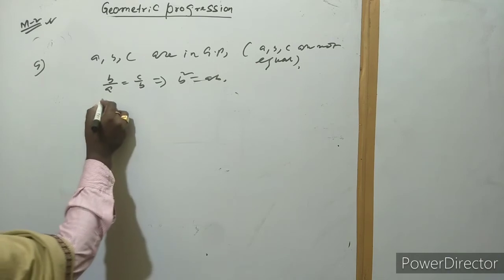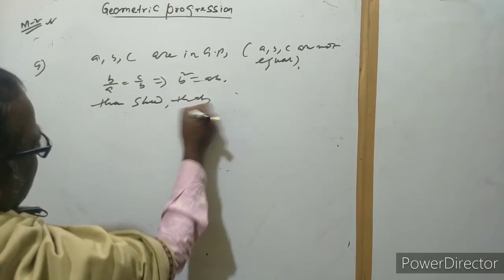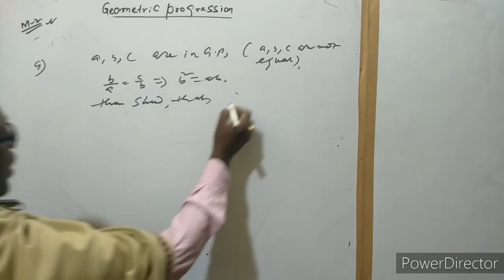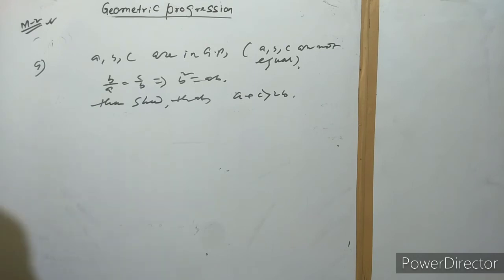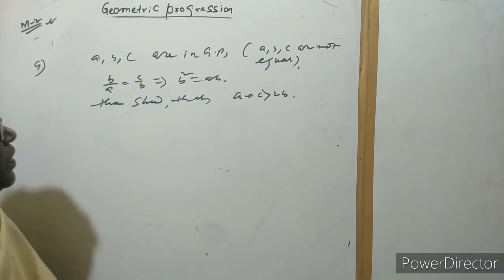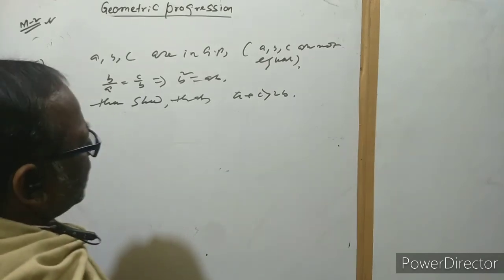Now show that A plus C is greater than 2B. So see carefully. ABC are in GP, it is given, and we have to show this is greater than.